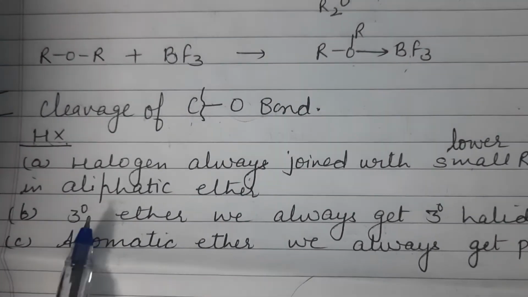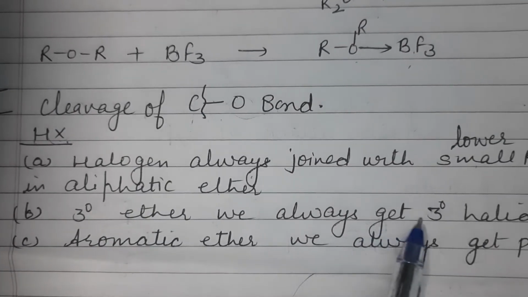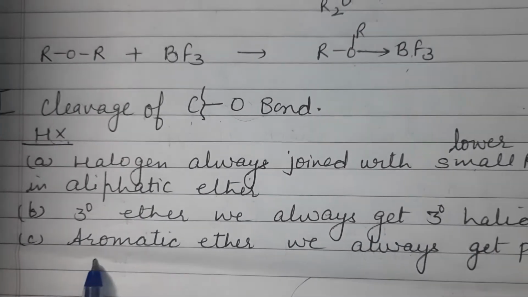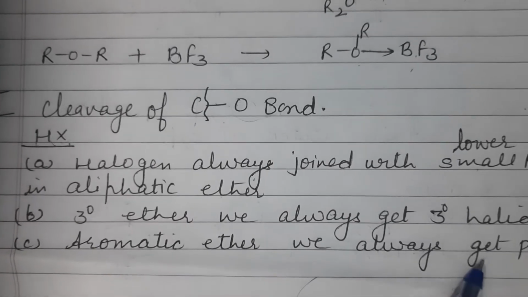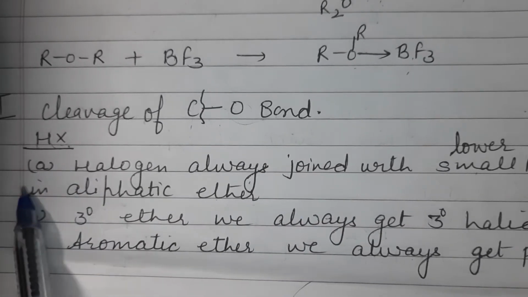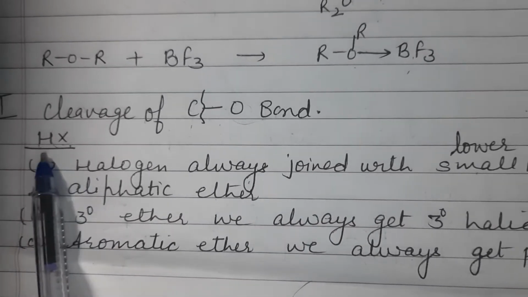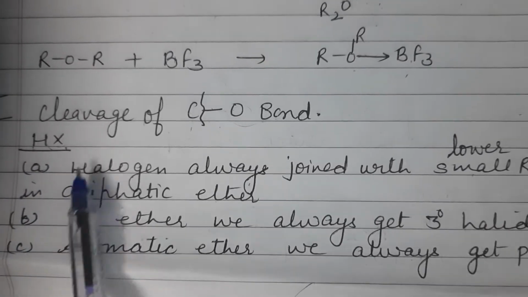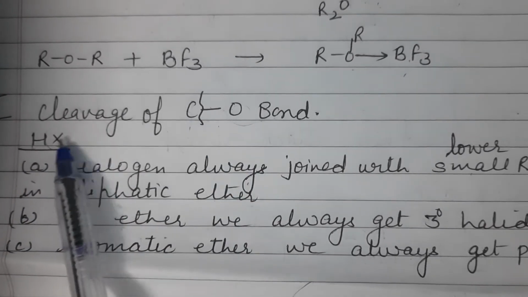Tertiary ether: in tertiary ether we always get a tertiary halide. In aromatic ether we always get phenol. These are the main 3 points which we always remember during cleavage of this C-O bond with halogen acid.